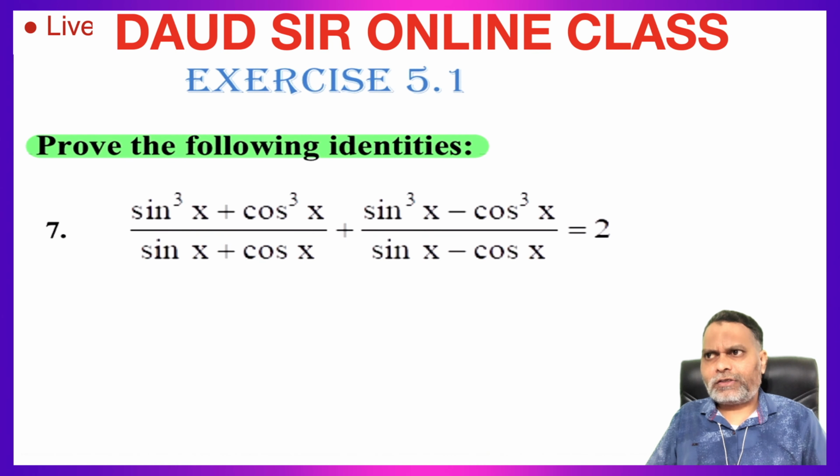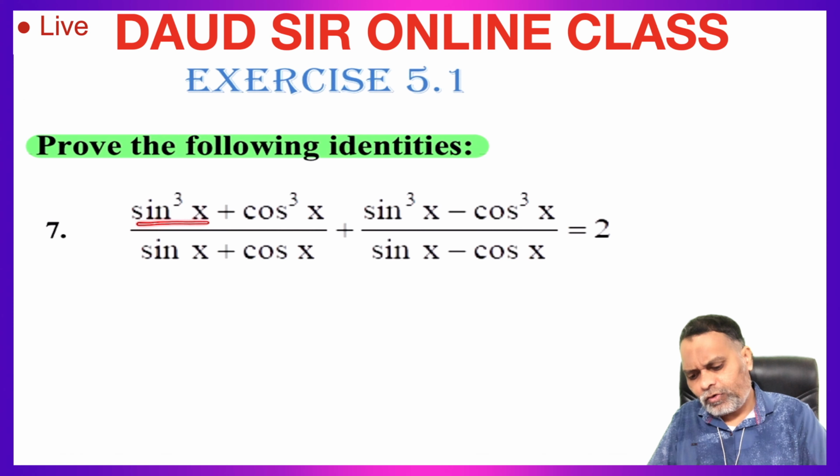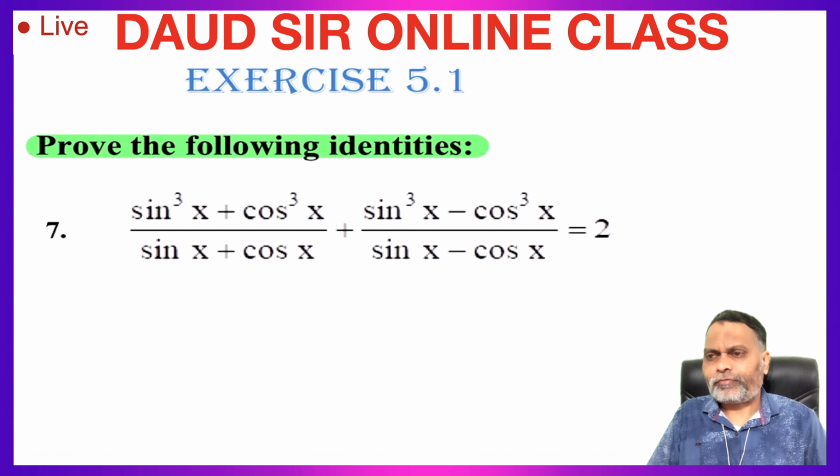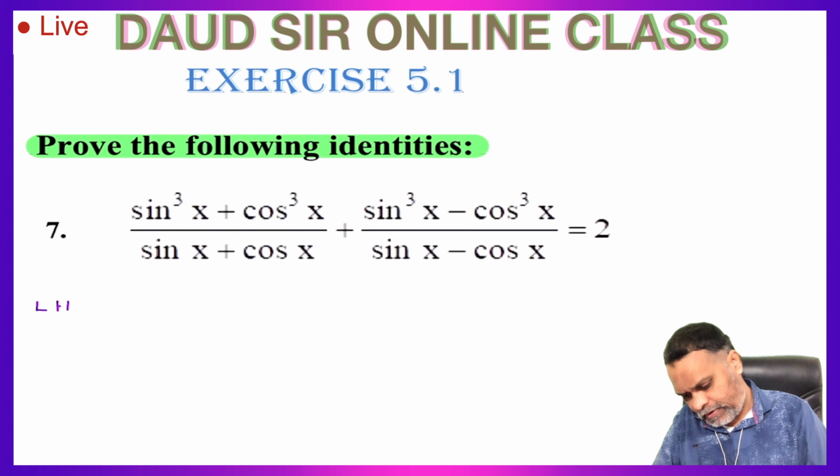Question number 7. (sin cube x plus cos cube x) upon (sin x plus cos x) plus (sin cube x minus cos cube x) upon (sin x minus cos x) is equal to 2. So for proving this, just take the left hand side.